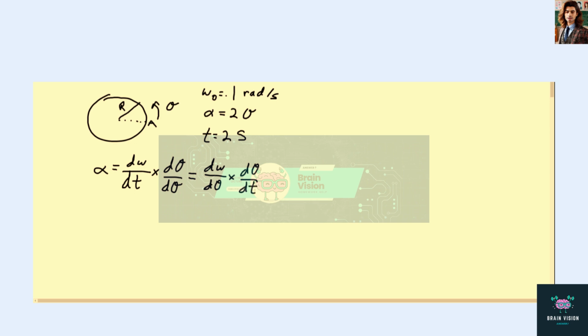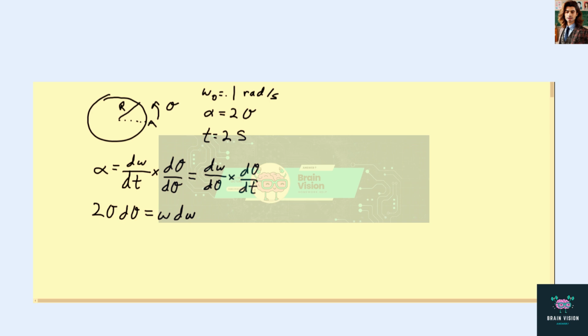Well, we know this d theta dt is just omega, and we know alpha is just 2 theta, so we can rewrite this by multiplying both sides by that d theta as 2 theta d theta equals omega d omega.